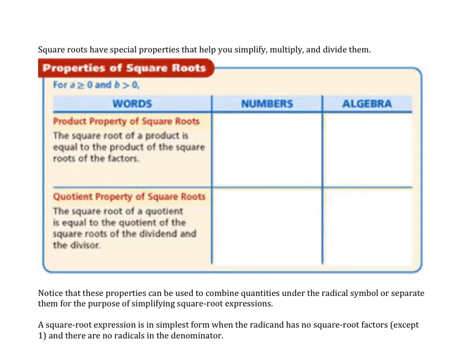Okay, so we do have properties of square roots. The product property states that I can split a number into the product of 2 square roots, or I can multiply 2 square roots.